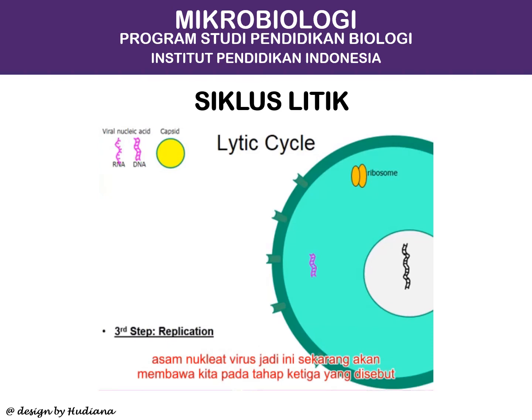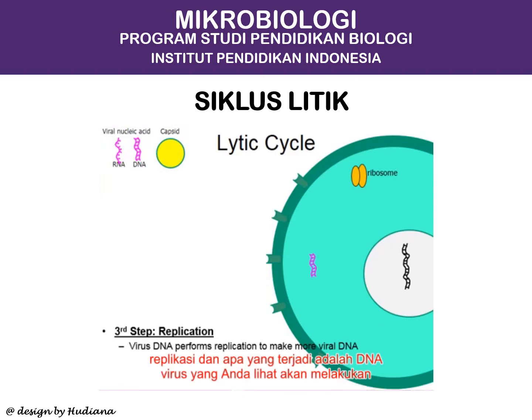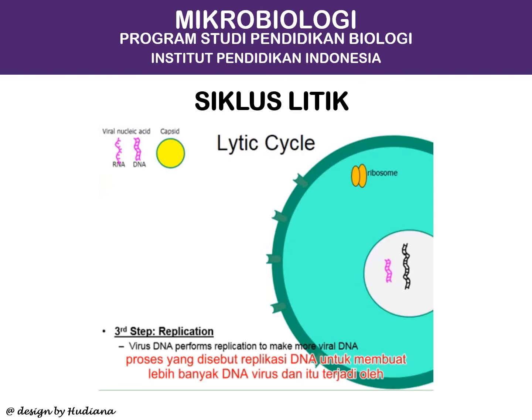So this will now bring us to stage 3, called replication. And so what happens is the virus DNA that you see will perform the process called DNA replication to make more viral DNA. And that happens by the viral DNA entering the nucleus of the host cell.